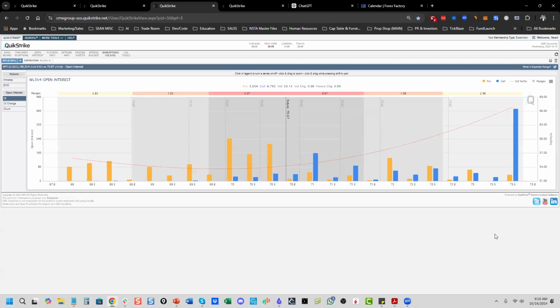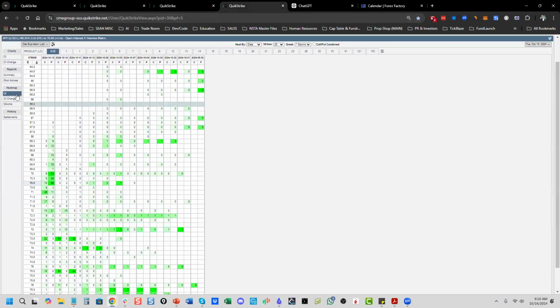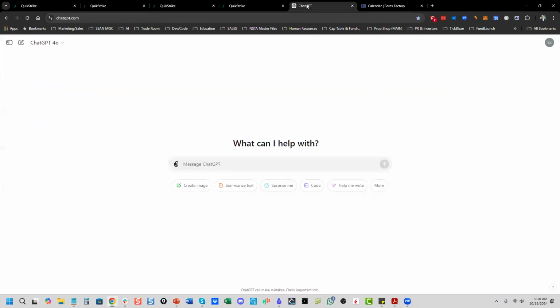But if you want to make your levels more powerful, I'm trying to teach you the importance of adding gamma to this. And the way I've been doing this to make it fast and efficient is I use ChatGPT to save my life. So I'm going to show you what I do here.